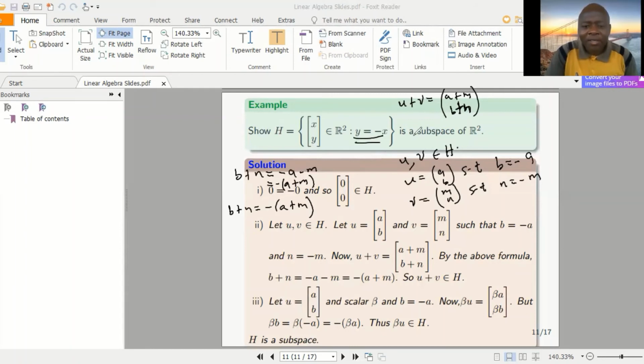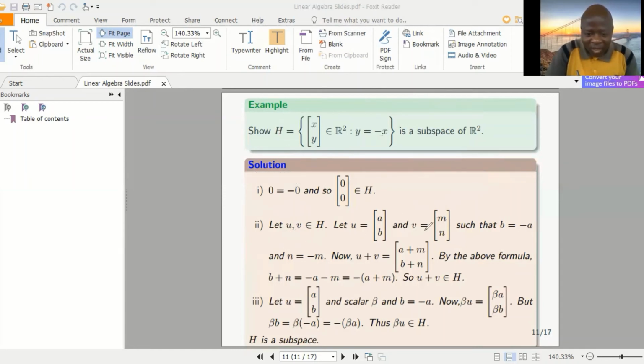And if that happens, then therefore the sum u plus v is in H. It is in H because it obeyed the condition of the vectors that are supposed to be in H.